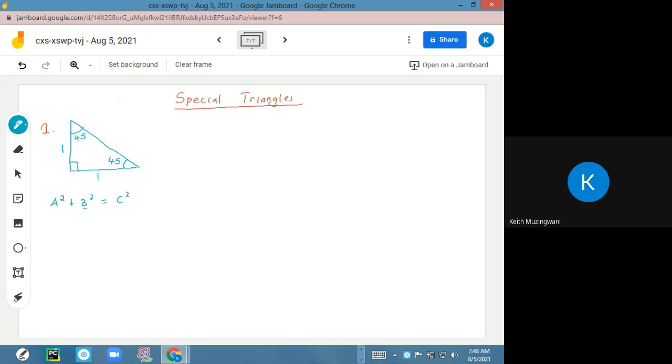Now we have b and a, so we have 1 squared plus 1 squared will get 2. And then we square root to get the actual c. So this side is going to be the square root of 2. Just remember that we are talking about Pythagoras theorem.